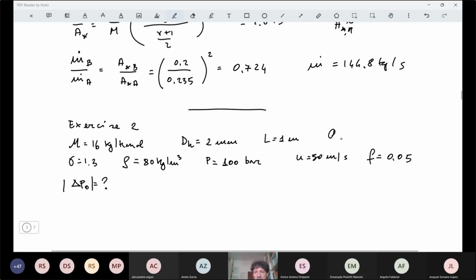As done before, our universal gas constant is 8,314.4 joule per kilomole Kelvin.